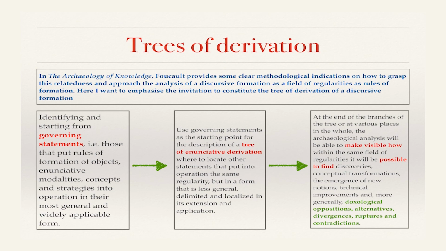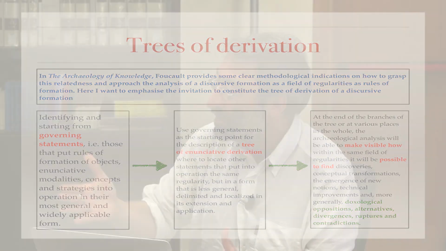Foucault says this is what also makes you understand how some doxological oppositions, divergences, alternatives, ruptures, contradictions, and harsh debates at the level of linguistic performance in the scientific domain occur on the surface of histories, but can be related to some regularities in the relations and rules that define the space of a discursive formation.